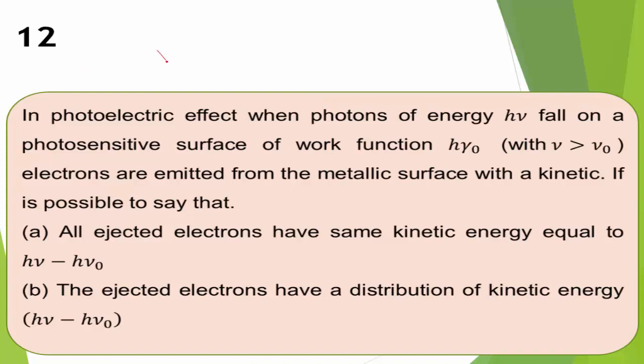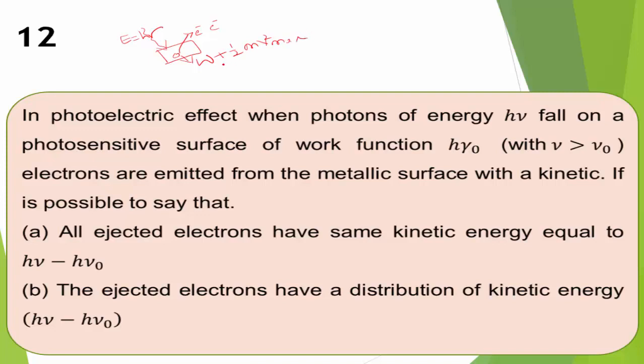Here this is the metal surface and a photon is incident on this metal surface. Here the photon is in the form of h nu. It absorbs the energy and it liberates the electrons. Some amount of energy is used to do the work function and the other amount of energy is used to increase the kinetic energy of the electron.